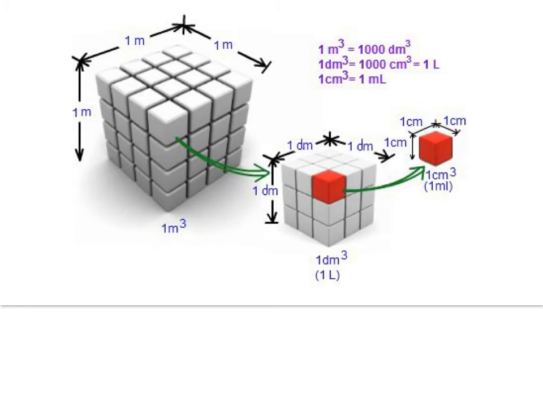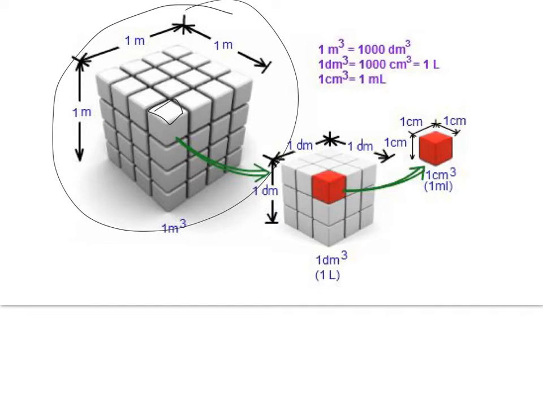So I love this visual. I think it really shows what we're doing. So if we look at this cube, this is 1 meter cubed, right? So even if you just looked at one of these, right? And then if we were talking about a decimeter, 1 meter has 10 decimeters in it.